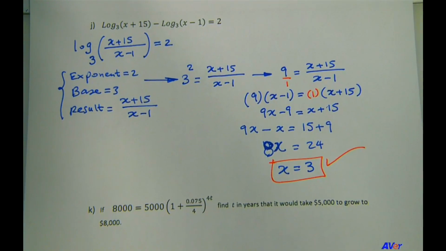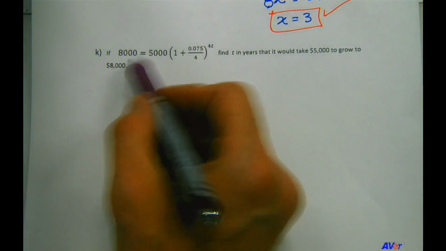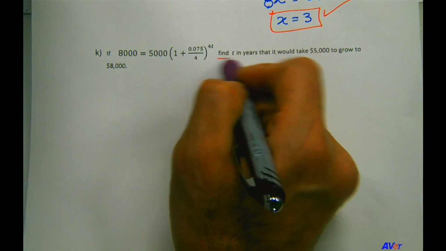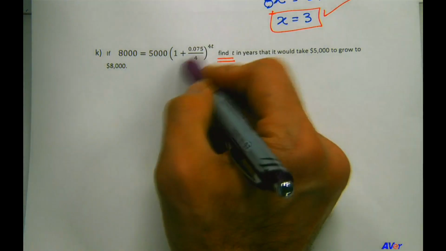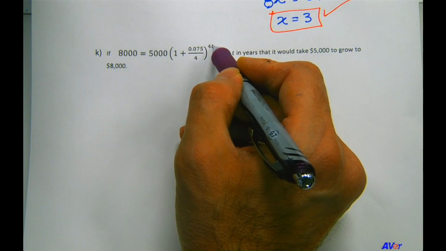Okay. All right. So the next problem, it says if 8,000 equals 5,000 times that quantity, find t. See, find t. Where is t? t is in the exponent.